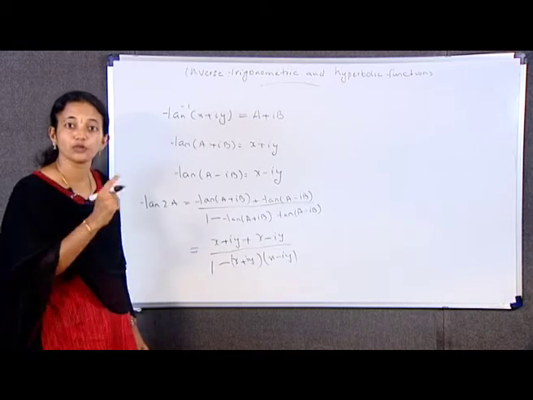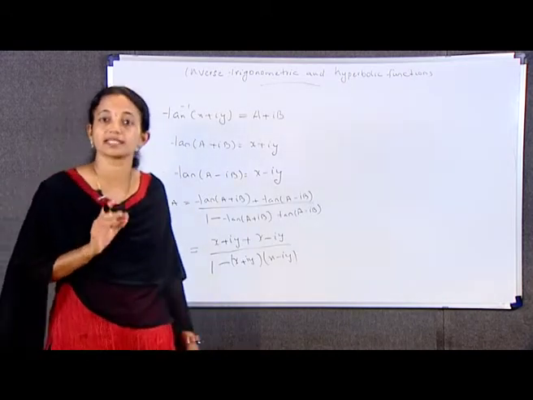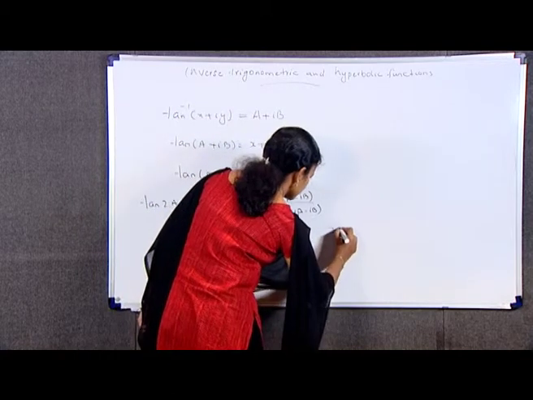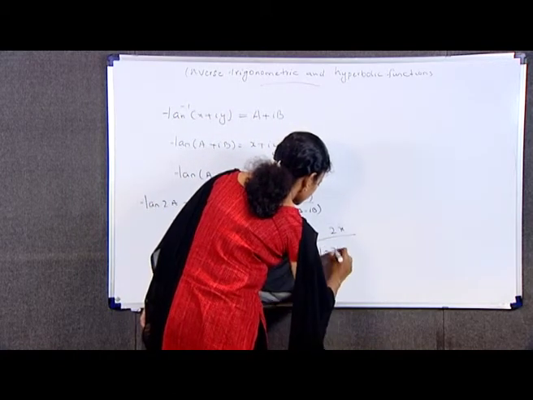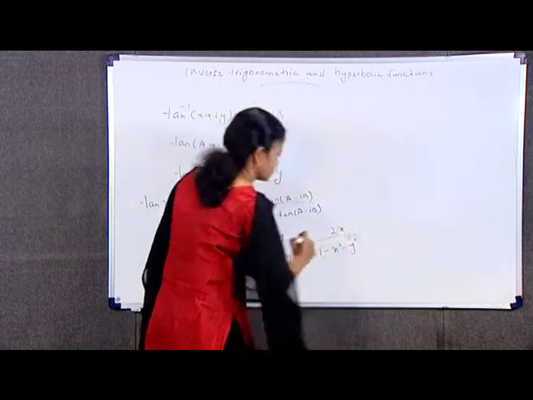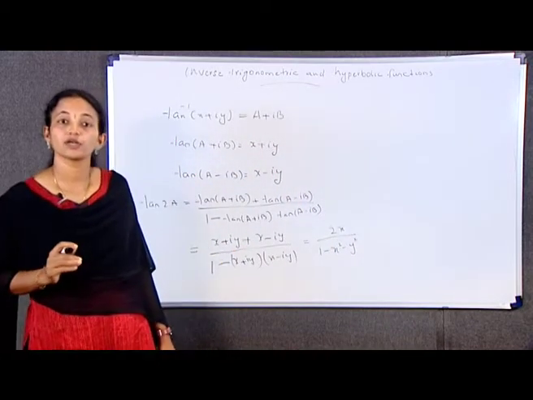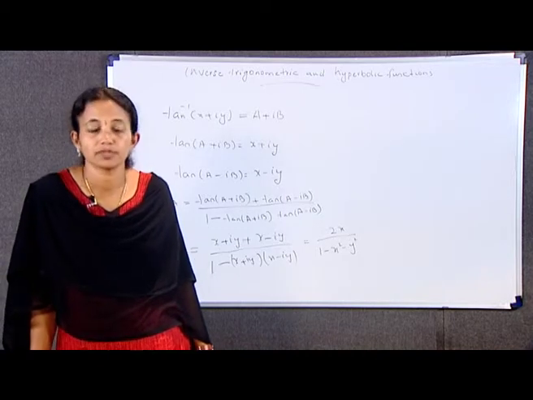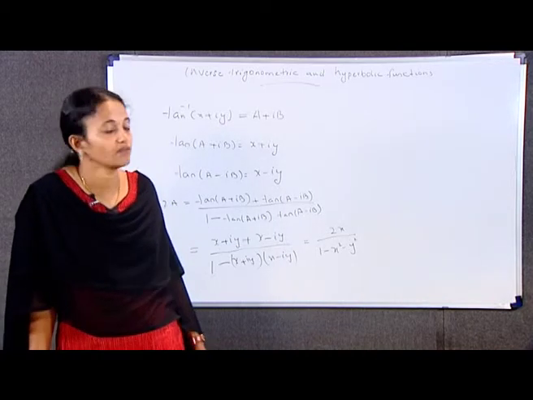So, it becomes 2x by 1−x²−y². Real part of the given expression, a is equal to 1/2 tan inverse 2x by 1−x²−y².